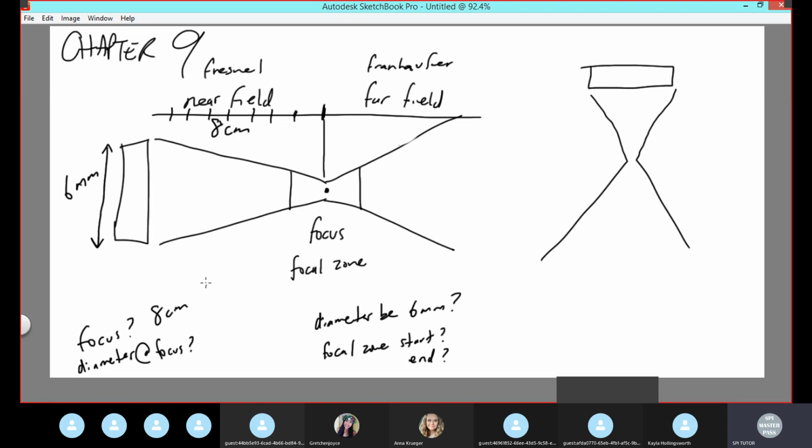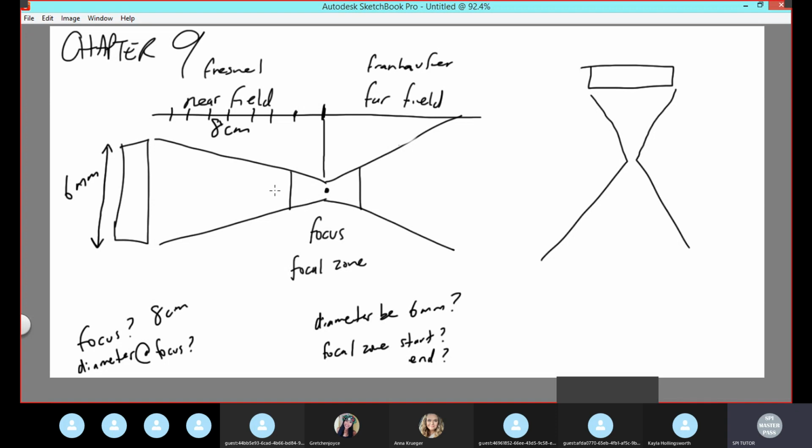The rule is, notice how your beam starts to taper and become narrow. Okay, it's starting out at 6 millimeters wide and it slowly becomes narrow. So whatever it is at the focus is going to be less than 6 millimeters, right? There's no way that it can be 6 millimeters if I'm showing it to you getting smaller. The question is, well, how much is it?